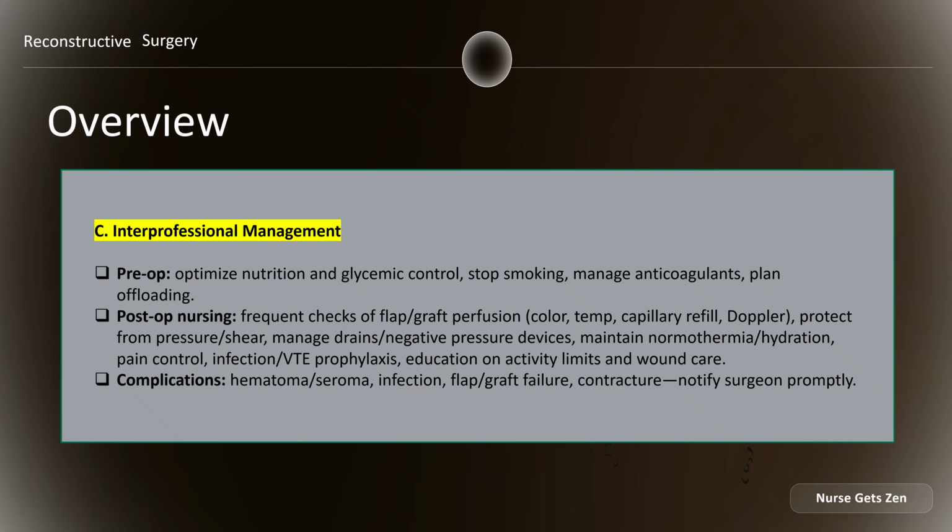So wound care, psychosocial needs, pain management, and astute assessment skills are crucial in managing the reconstructive surgical patient. Position the patient so that they are not lying on the newly reconstructed surgical areas.